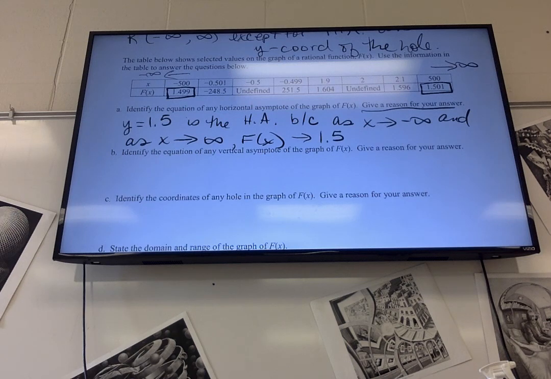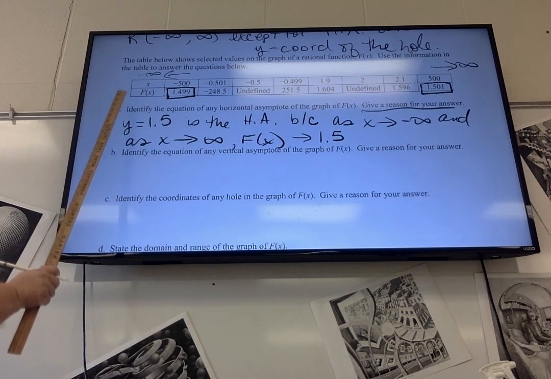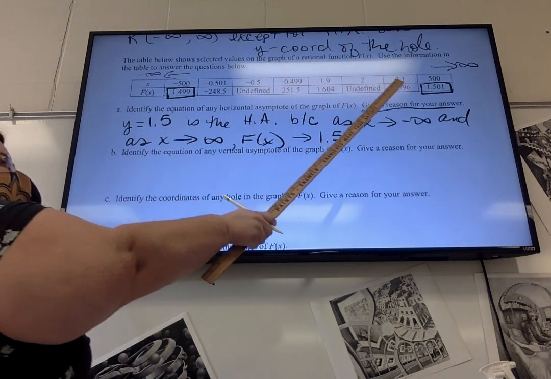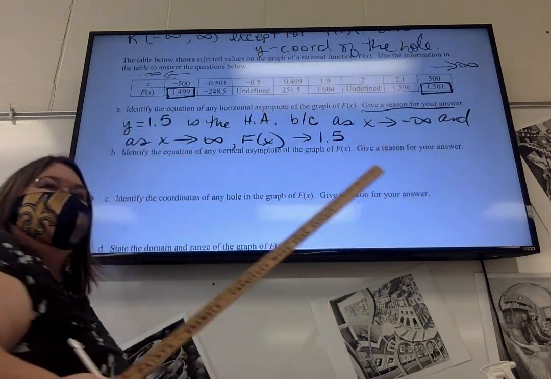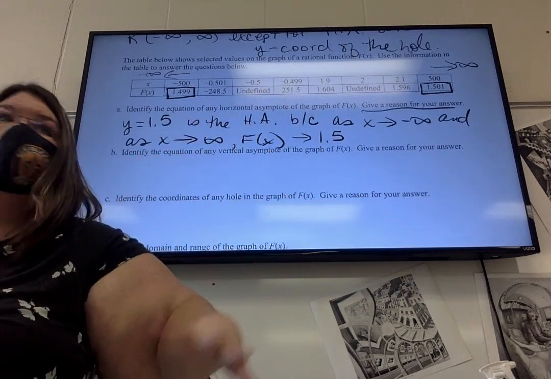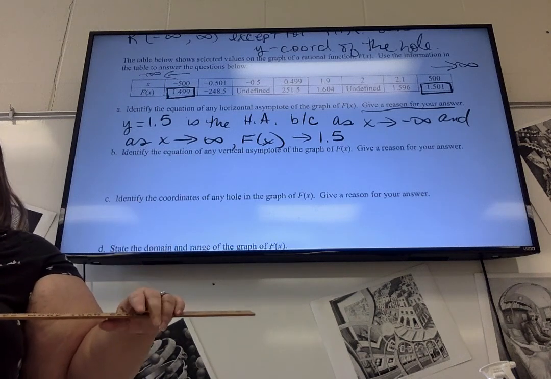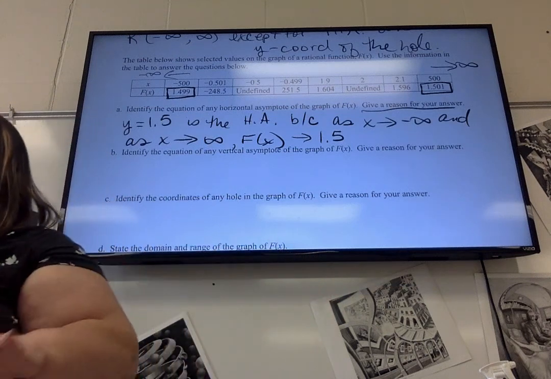Now there were like 1.499 and 1.501, and if we went maybe to, say, negative 1,000, this might be 1.4999, and at 1,000, this one might be 1.5001, but we can tell it's getting closer and closer to just 1.5. And that's a horizontal asymptote. So when the x's max out, it's leveling off on both sides.